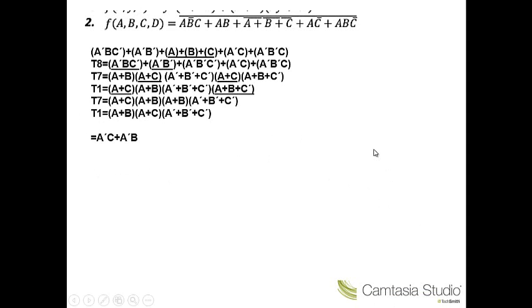Then to find another function, we only have this function, but we need to change this negative for the other function.